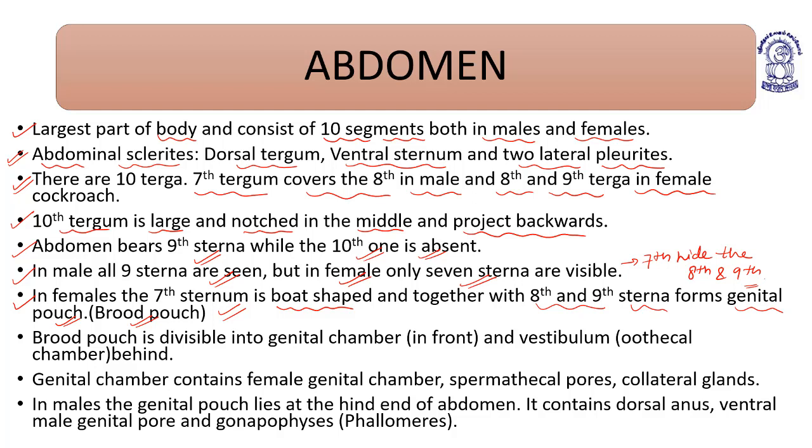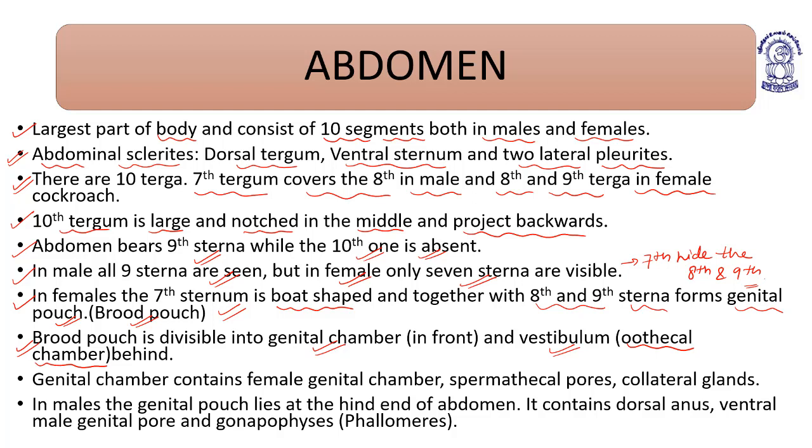The brood pouch is divisible at the front into the genital chamber and at the back into the vestibulum, or oothecal chamber. So in females, the brood pouch means 7, 8, 9.